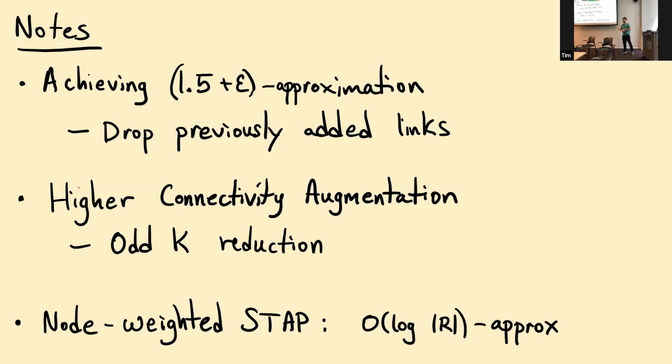Having nodes have weights generalizes having links have weights, because if a link has some weight, you can just subdivide it by putting a node in the middle, give the cost of that link to the node, and solve the instance of node weighted stuff. So this is much more general than the edge weighted case, but we get a lot worse of an approximation.